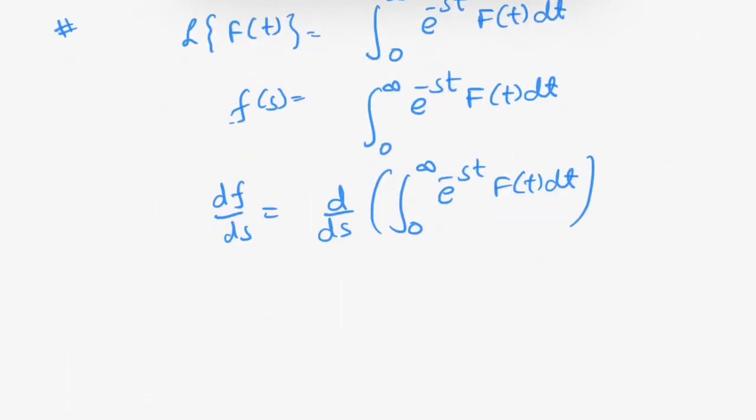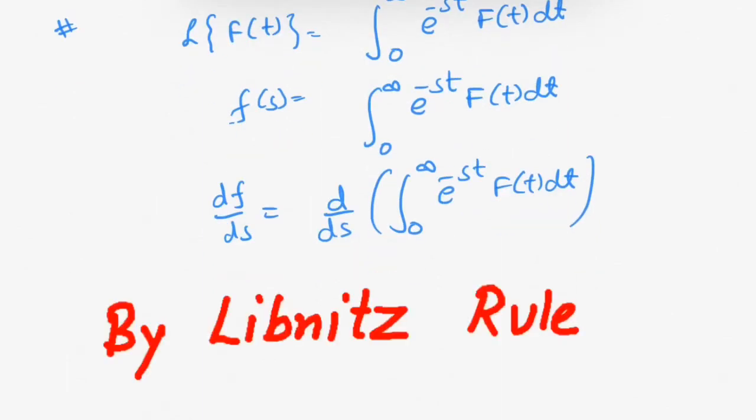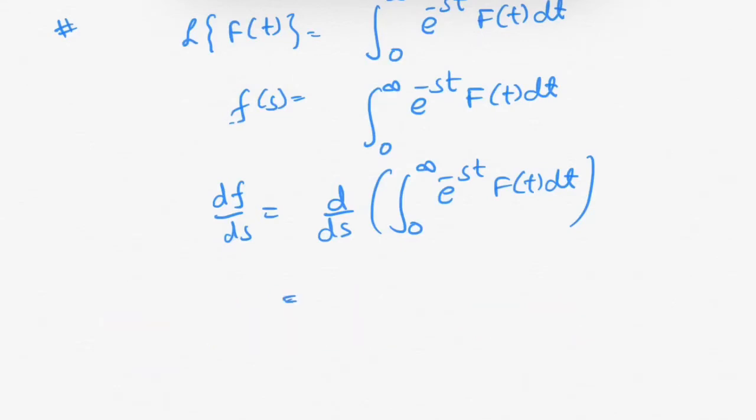Now by Leibniz rule, the differentiation of this integral equals the integral from 0 to infinity of the partial derivative with respect to s of e^(-st) f(t) dt.